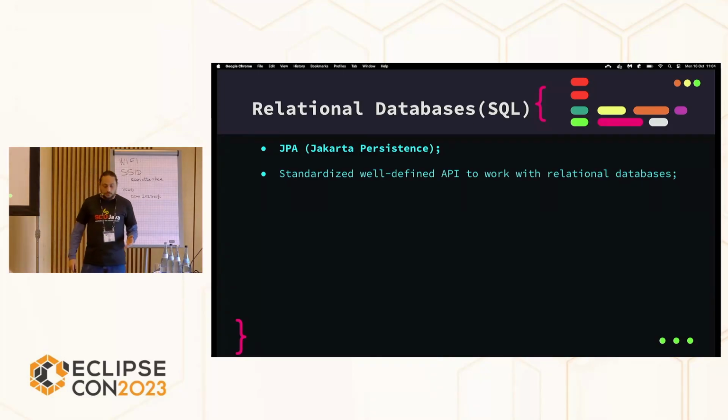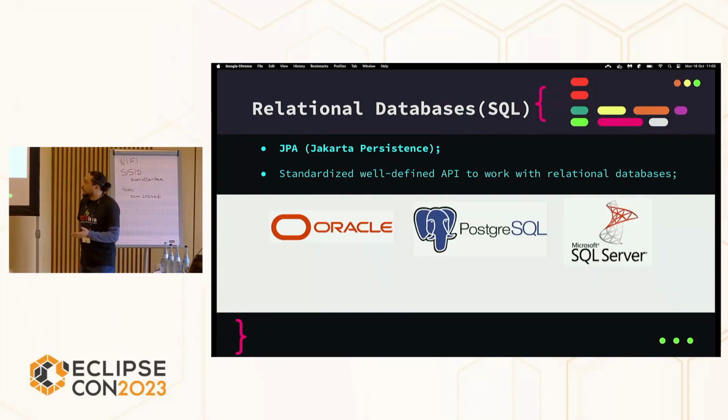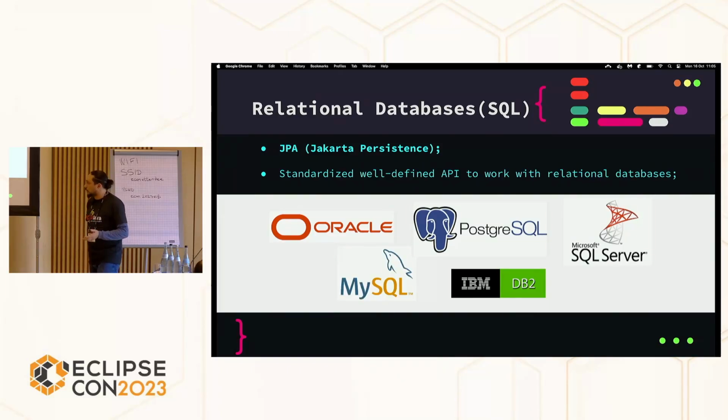We know that there are Hibernate, EclipseLink, and other implementations that follow this specification. And we know that there are many providers, okay? Oracle, Postgres, SQL Server, MySQL, among others.